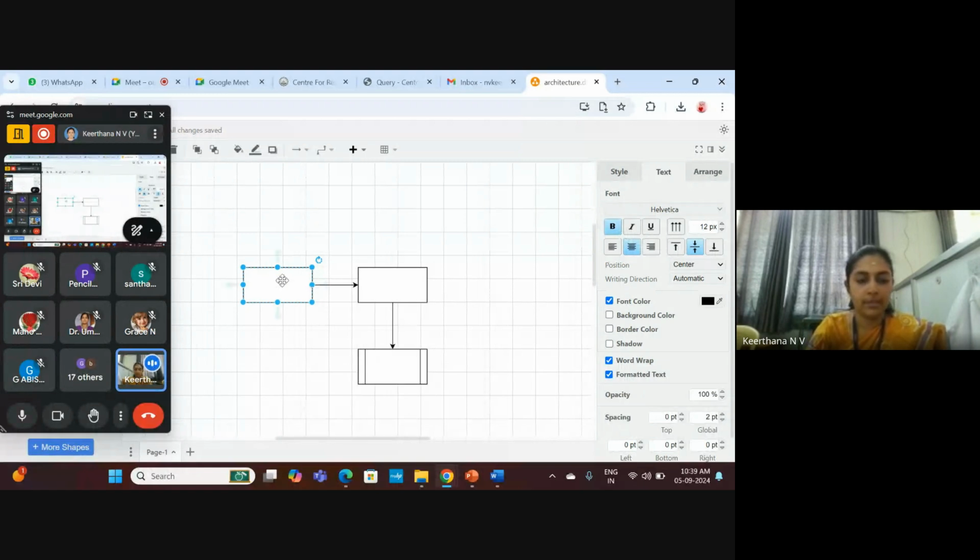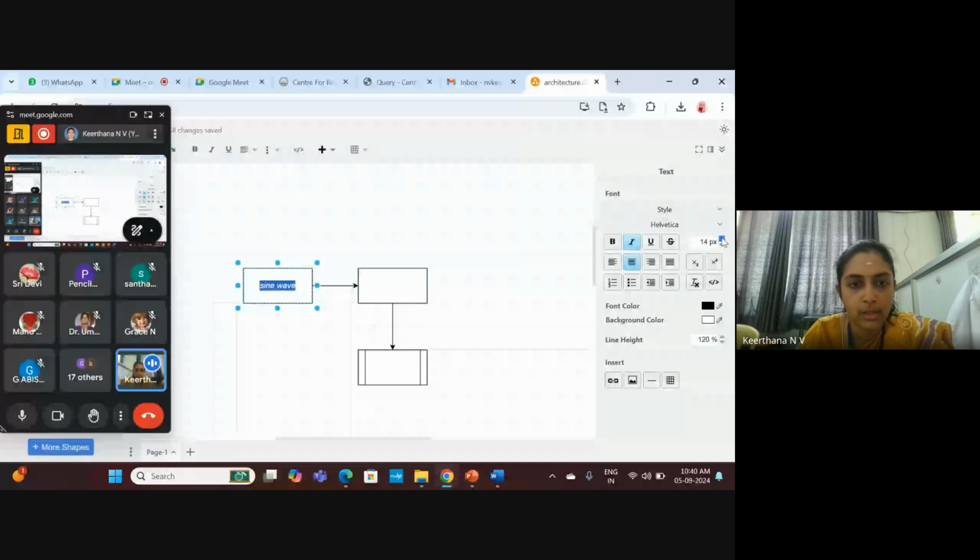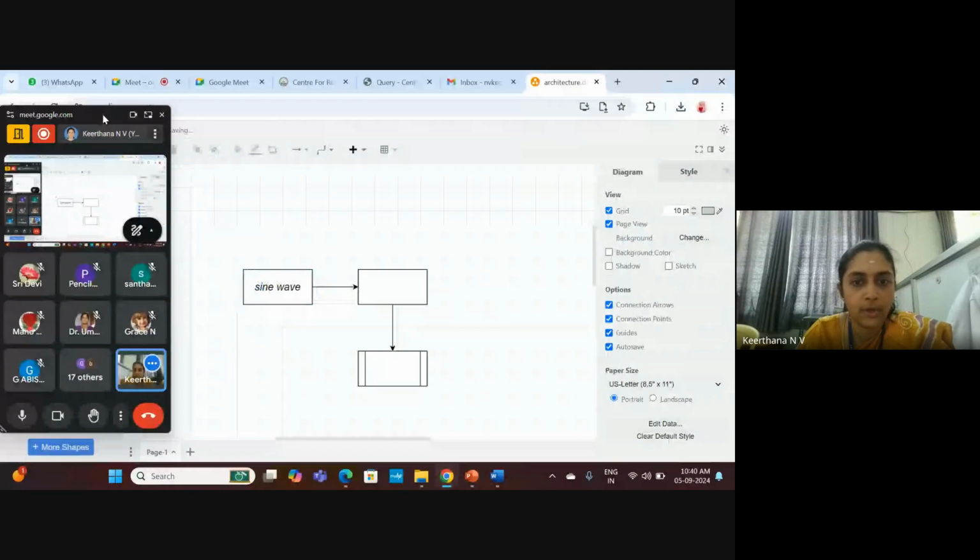Here, for the sine wave, you can change this font also. Here you can italicize, you can bold, you can increase your font like that. You can easily draw your diagrams here.